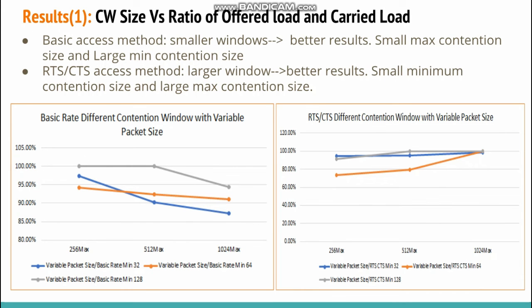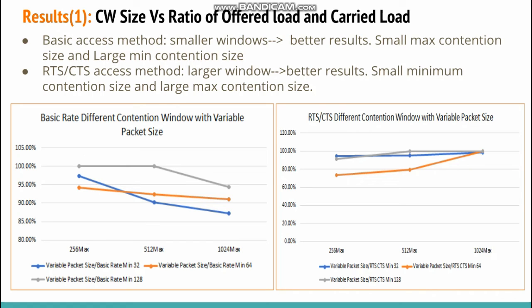So let's start. The first result is about contention window size versus the ratio of offered load and carried load. When we checked the basic access method, we found that when the contention window size is small, we have a better offered load versus carried load ratio.